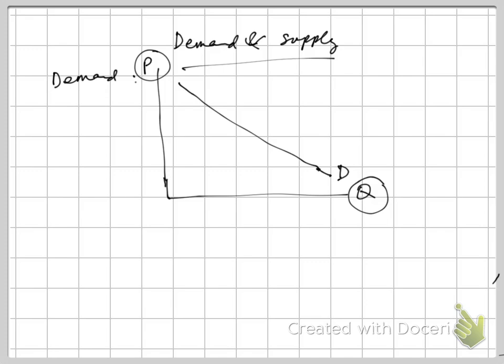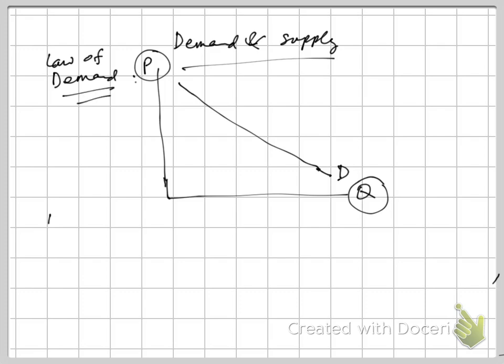And basically, even though we can have a vertical demand curve, usually, the normal one is a downward sloping demand curve. But an upward sloping demand curve is a violation of the law of demand, basically.